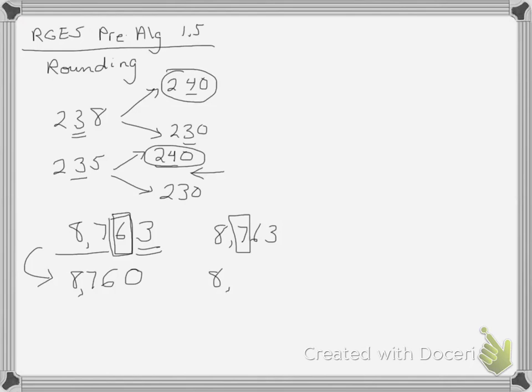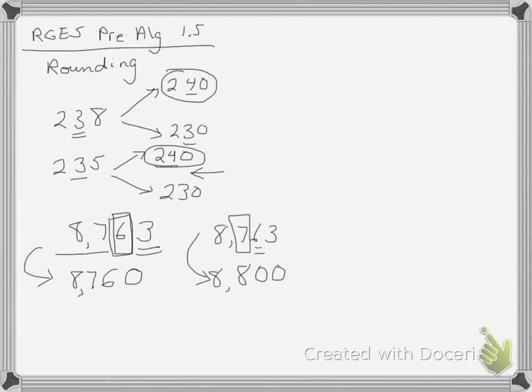Your answer is you round it up, so it's no longer a 7, but now an 8. Why? Because the value immediately to the right of the place value you're concerned with is 5 or greater. Everything else becomes a 0. So to the nearest hundreds place, 8,763 rounds to 8,800.